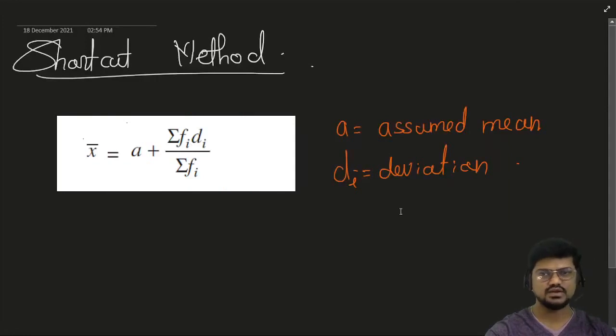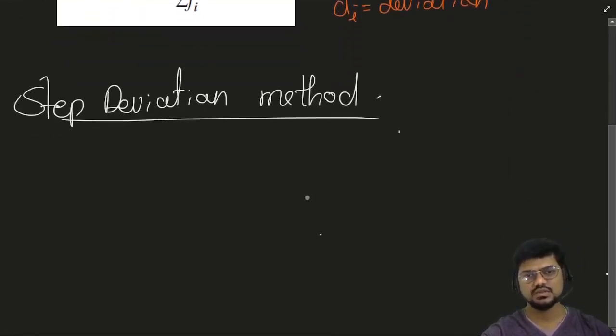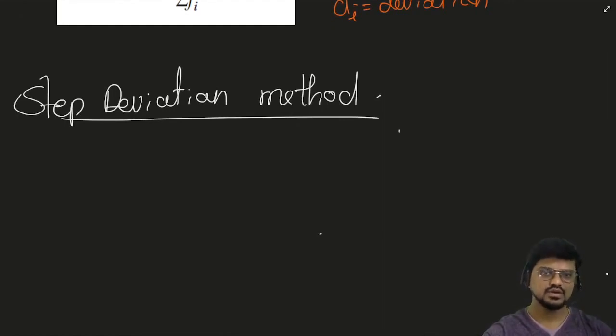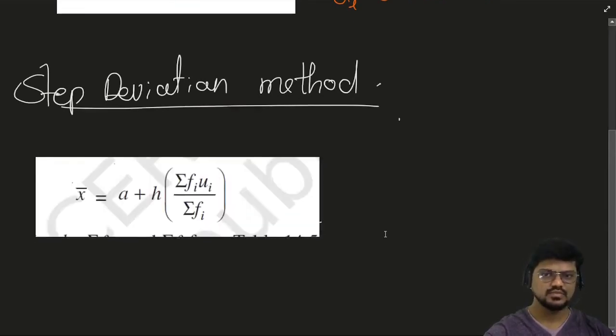There is one more method that I'll also tell you, the step deviation method. In the step deviation method, the formula which we are going to use is this. Over here also your a is your assumed mean.